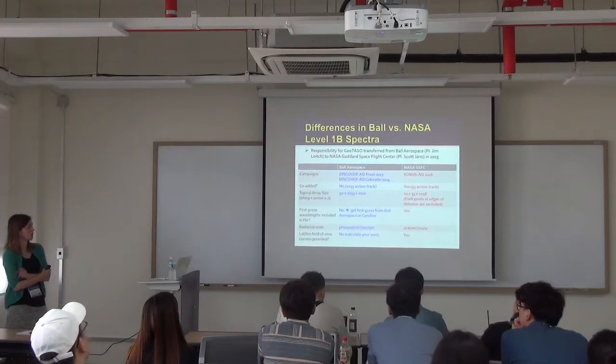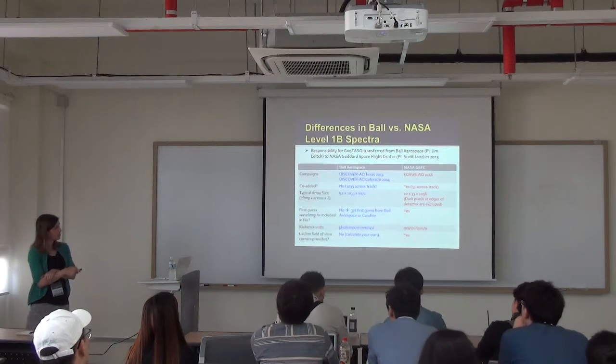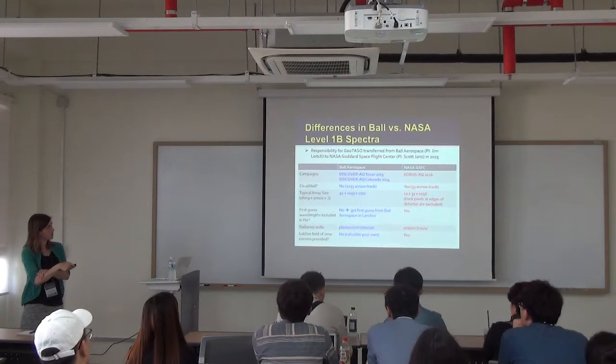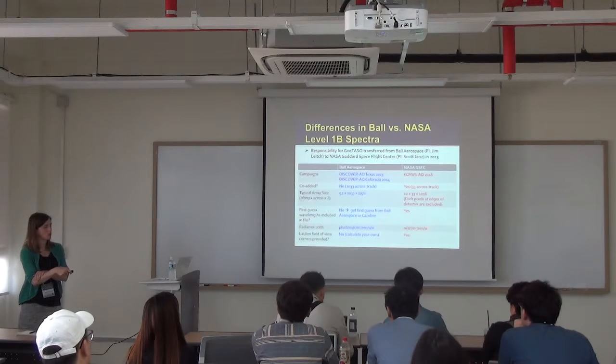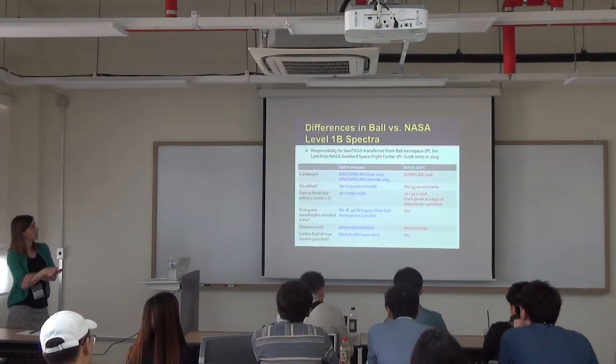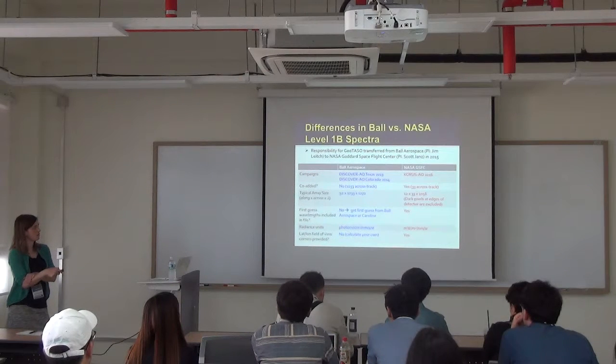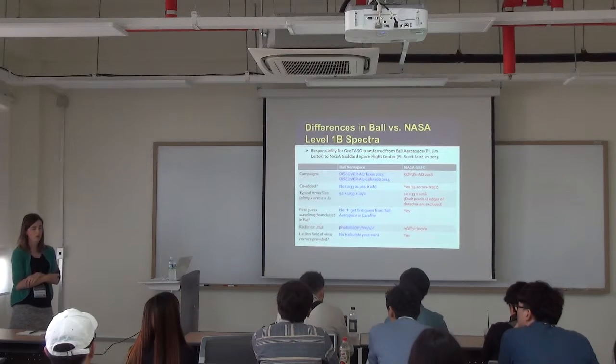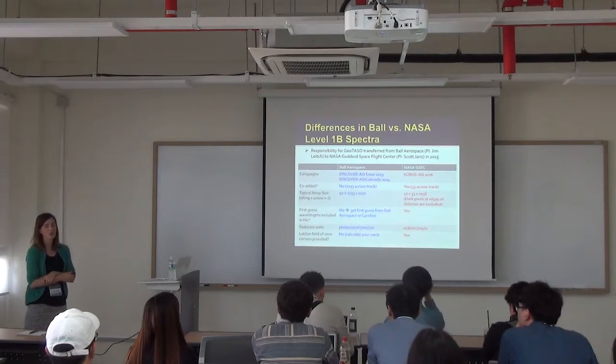These are some more details on the differences. So the Ball Aerospace is in blue, and the NASA ones, this KORUS-AQ, are in red. Ball Aerospace provides this data in the native resolution. So there are 1,033 cross-track pixels, and so you have to co-add if you're using the data.